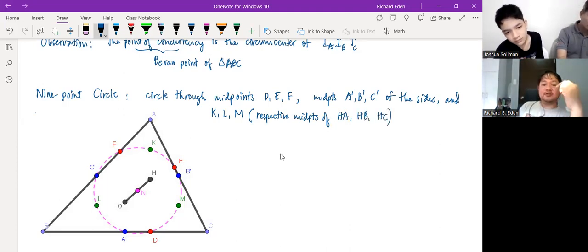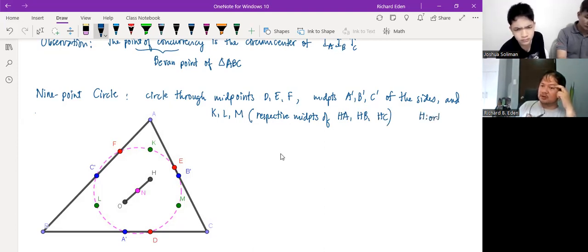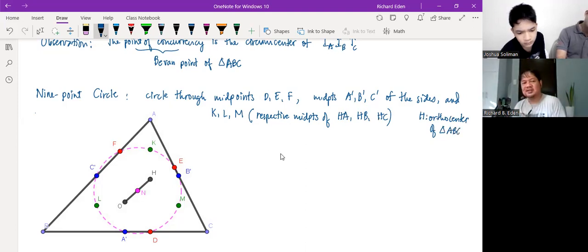The significance of H is that H is the orthocenter of triangle ABC.